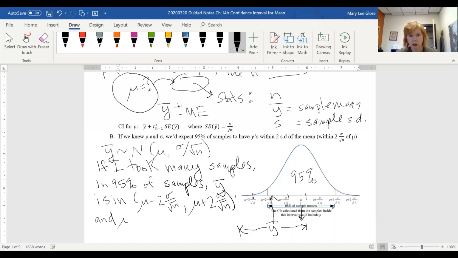so mu is in this interval: y bar minus 2 standard deviations, which is standard deviation again, sigma over the square root of n, and y bar plus 2.